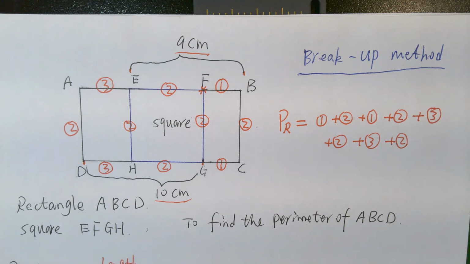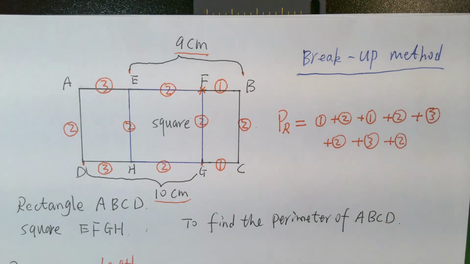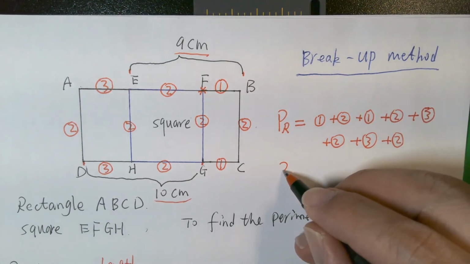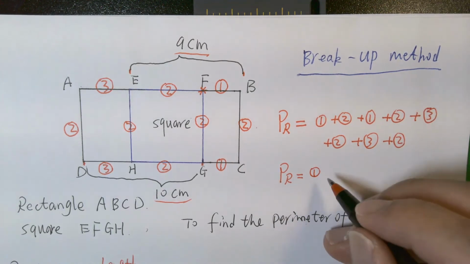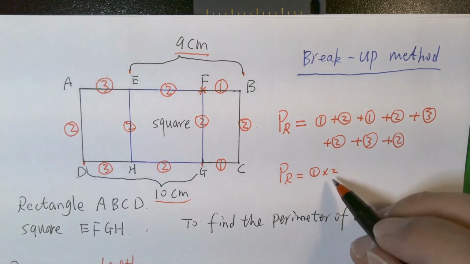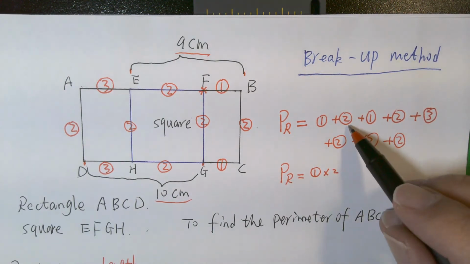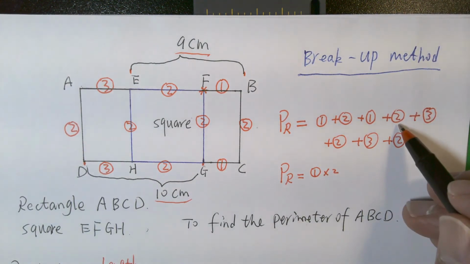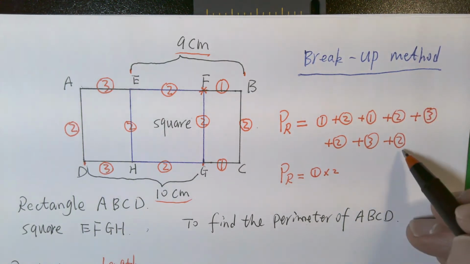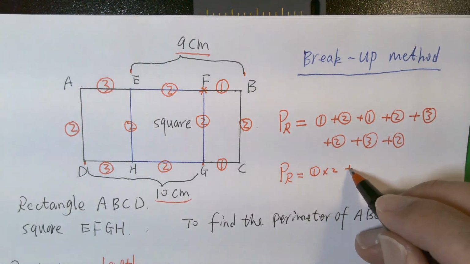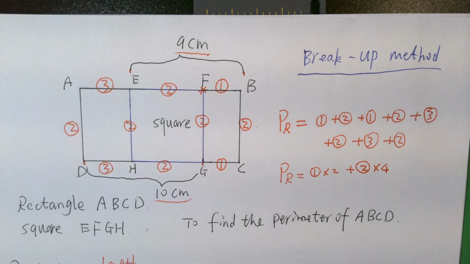Now, let's look at what we have here. You have 1 there, 1 there. Okay? So, the perimeter now equals 1 times 2. Right? Double unit 1. And how about 2? 2 here, 2 there, okay? And 2 here, 2 here. You have plus unit 2 times 4, right?